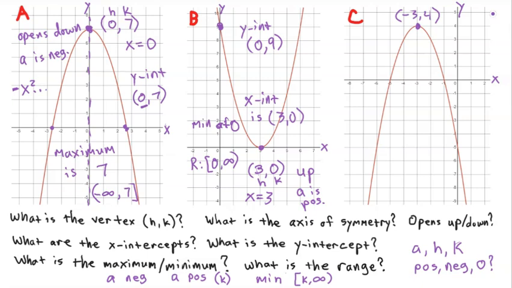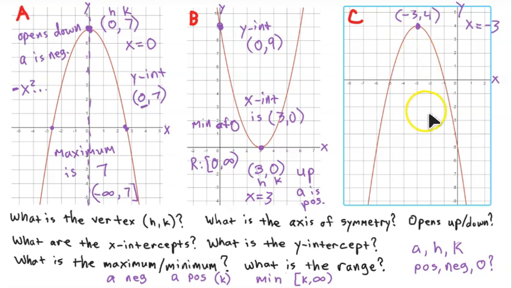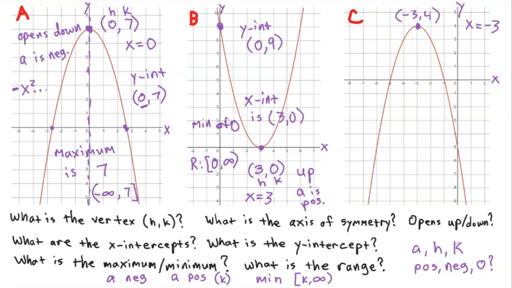Well, the axis of symmetry is at x equals -3 because it's whatever the h is. Okay. Does this open up or down? It opens down. And since it opens down, we know that A is negative.